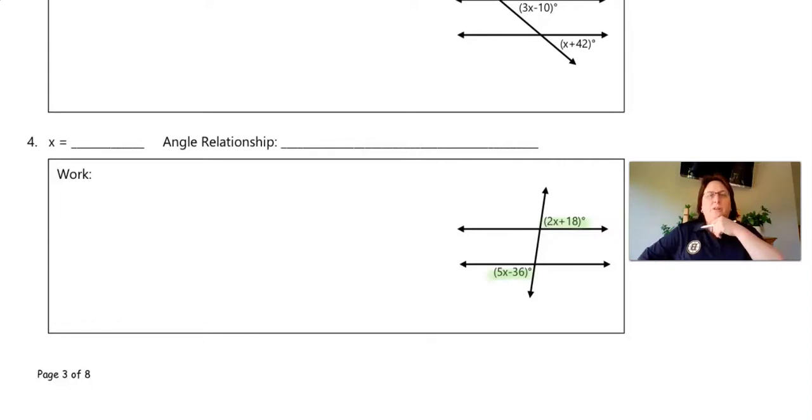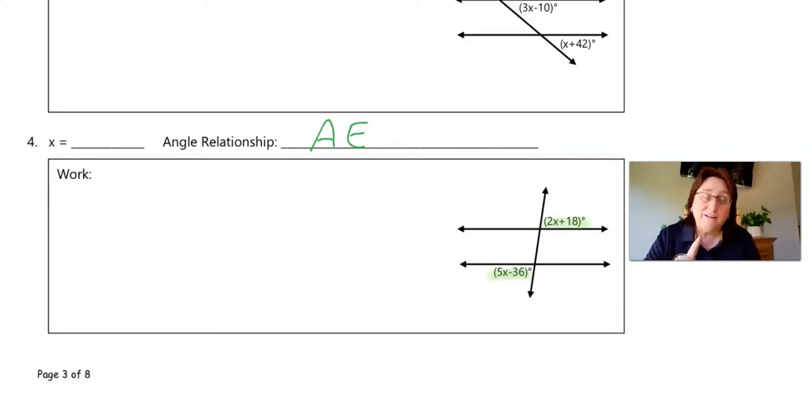What do you guys think? Hopefully you remembered that these are alternate exterior angles. Next question: can we use alternate exterior angles to prove that lines are parallel? What do you guys think?